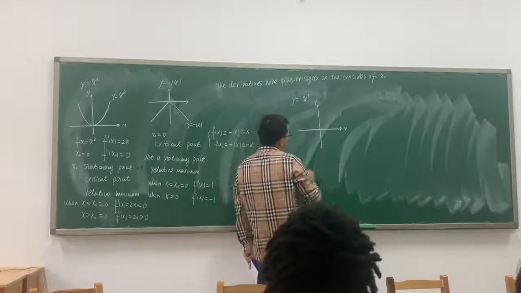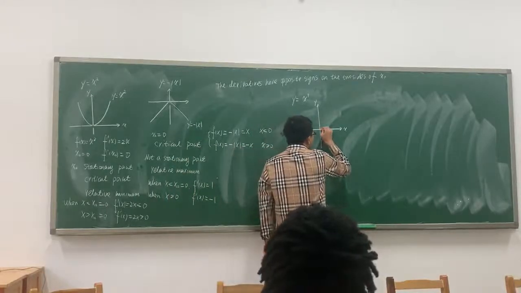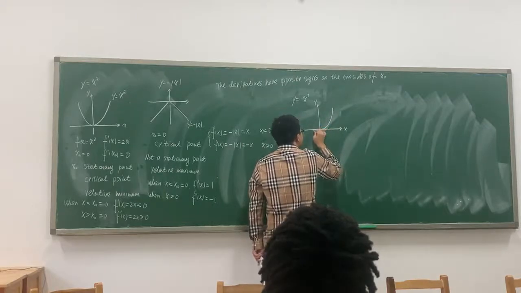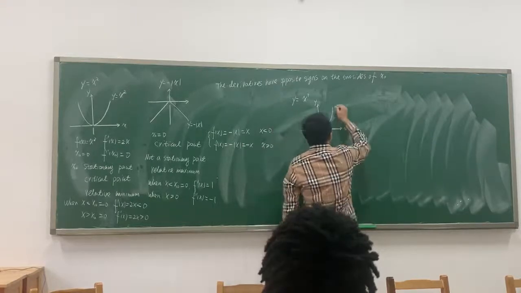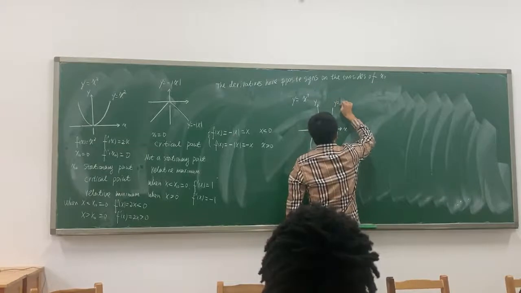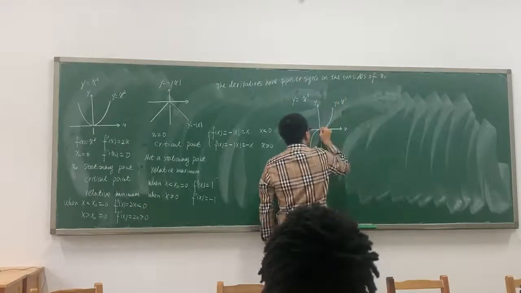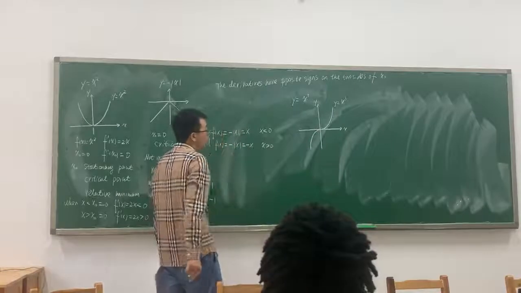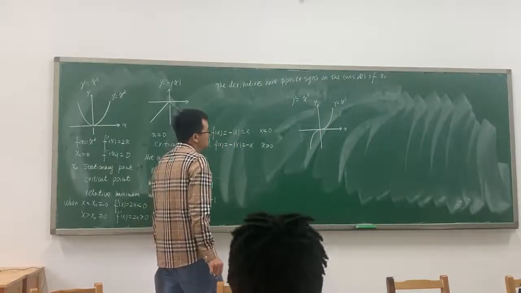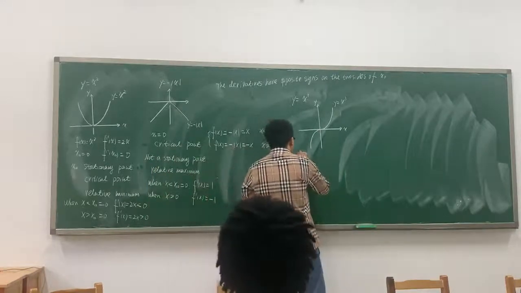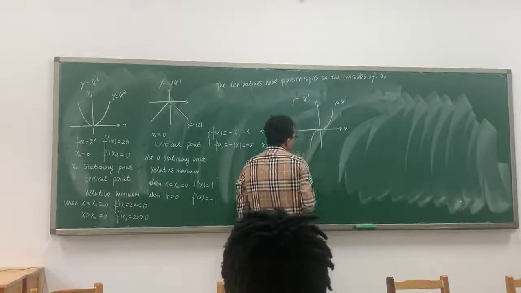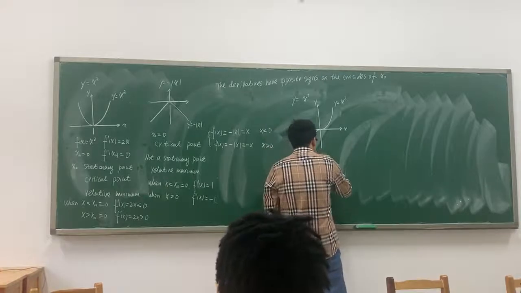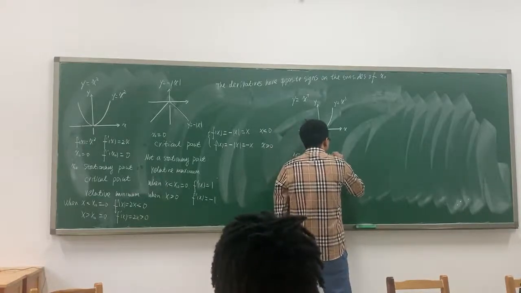The graph is like this. Here is y equals x cubed. Now we also see the point x0 equals 0. So f of x equals x cubed.